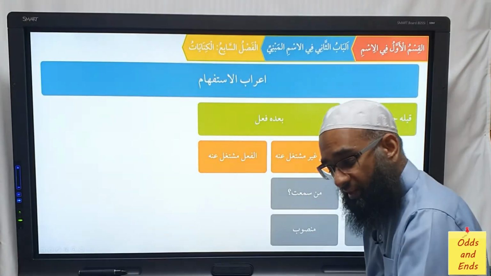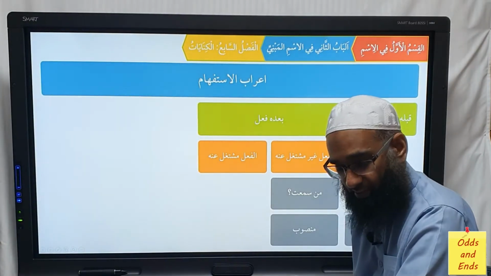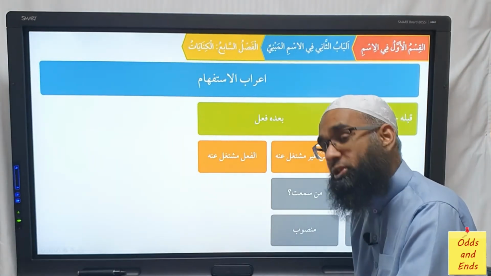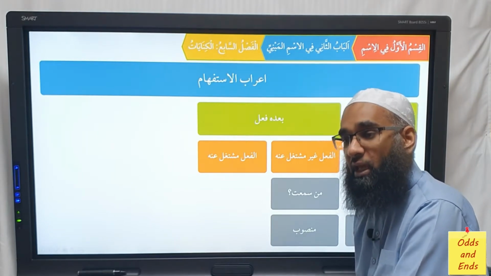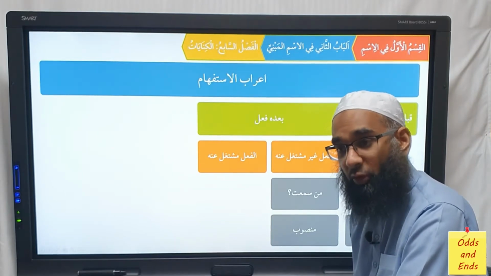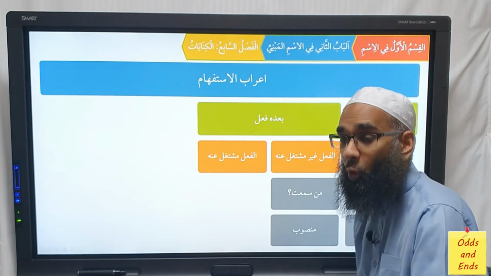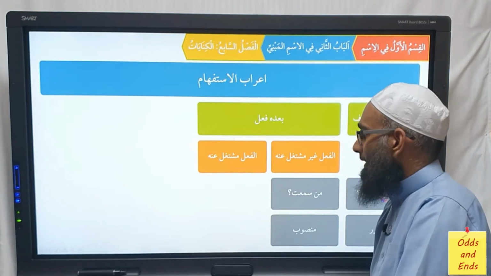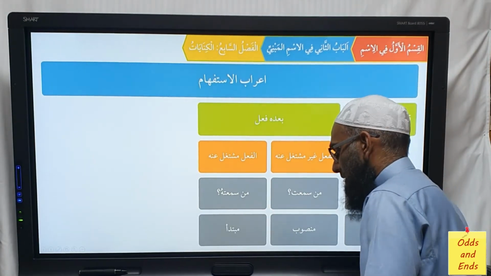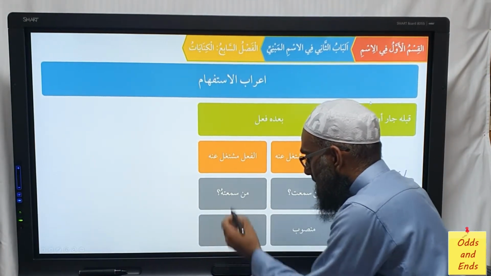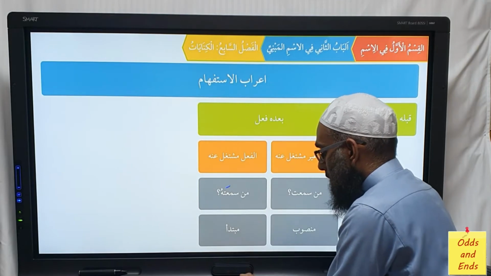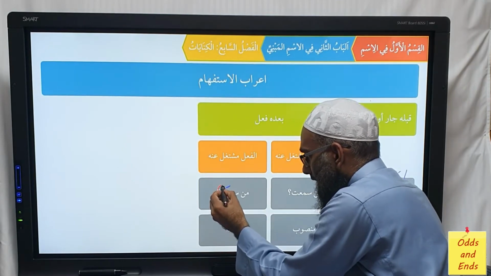If after the ismul istifham there is a verb which is mushtaghil anhu, i.e. the verb is doing amal on the pronoun of that ismul istifham, and it can therefore no longer do amal on the istifham itself, then it becomes mubtada. For example, sami'tuhu or sami'ta. Who did you hear? So this "who" dhamir is referring to man.